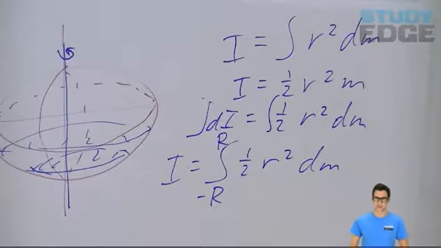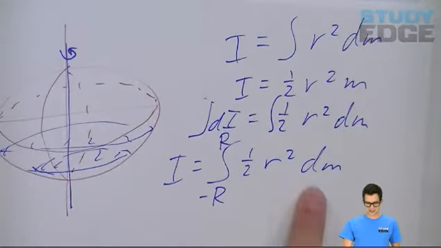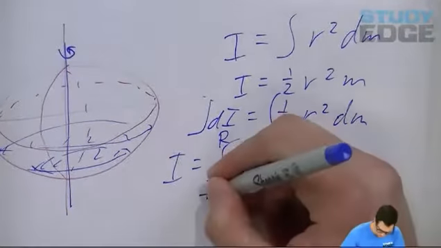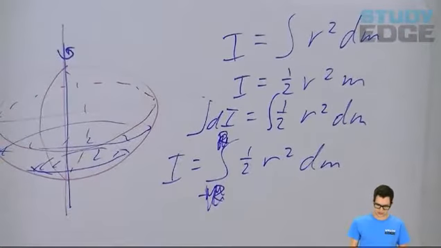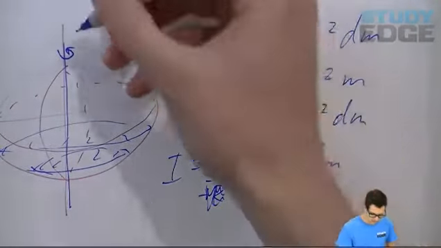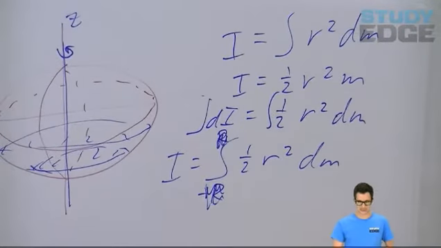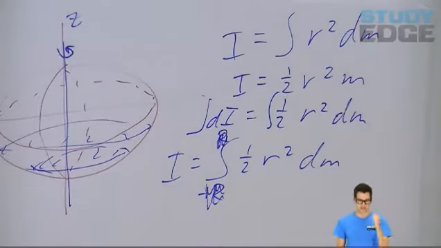We need to do two substitutions. First, we need to come up with something other than mass to integrate over. We want to integrate over a distance, obviously. We want to integrate in the z direction. So if this is the z-axis, then we want an integral in terms of dz, summing up everything in the z direction. You can see I stacked my plates on top of each other in the z direction.